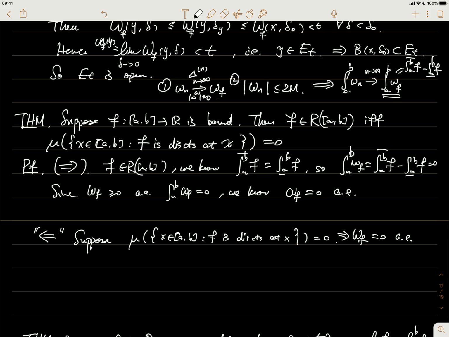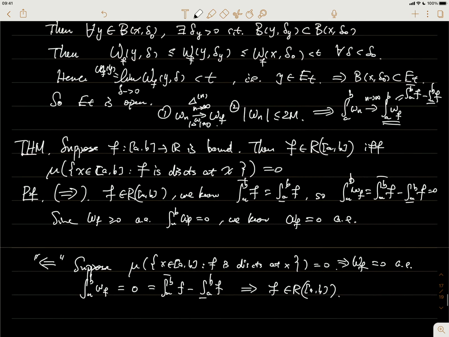Because when f is continuous, Wf equals 0. And this means that the integral of Wf is equal to 0. On the other hand, we know that the integral of Wf is equal to the upper integral minus the lower integral. This being equal to 0 means that the upper integral and lower integral are equal. And that means the function f is Riemann integrable.